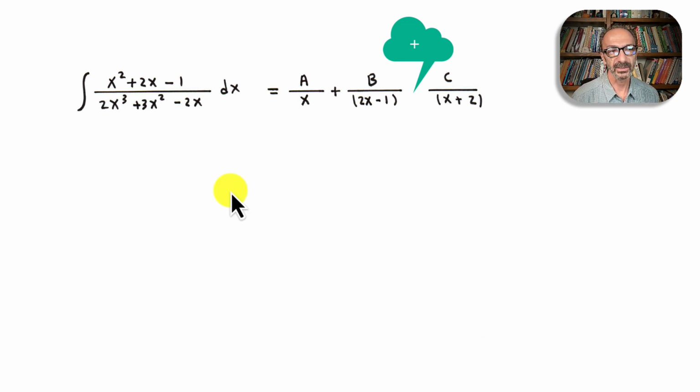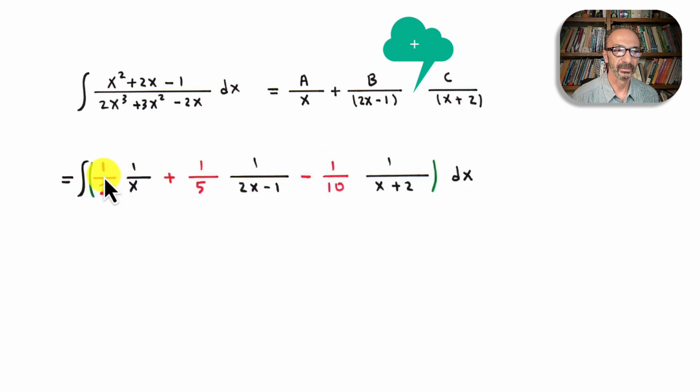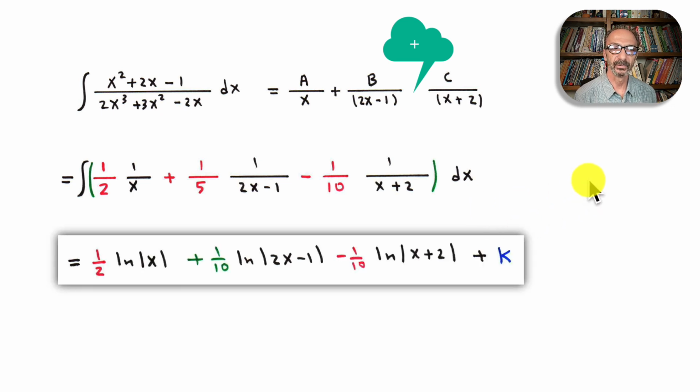So we had this problem and we factored the denominator to these 3 distinct linear factors. With the case 1 idea, we have a1, a2, a3, or in short abc, with a plus sign, of course. We came up with a to be 1/2, b to be 1/5, and c to be -1/10. Integrating this is so simple, just using the ln, and you should be fine.